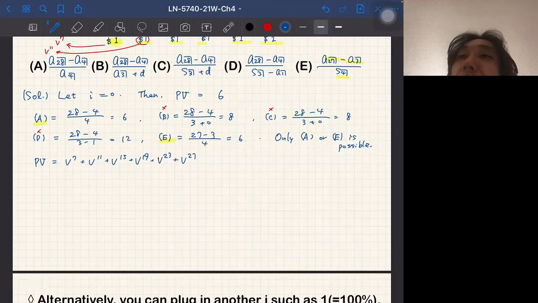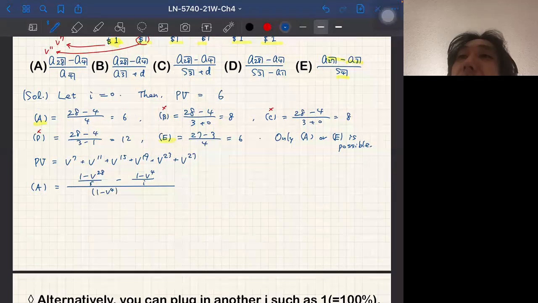And we just simplify A and E a little bit. For A, we don't have to do all 5, which is a good thing. So A is a_{\overline{28|}} minus a_{\overline{4|}} over a_{\overline{4|}}, so that means 1 minus v^28 over i, minus 1 minus v^4 over i, over 1 minus v^4 over i.